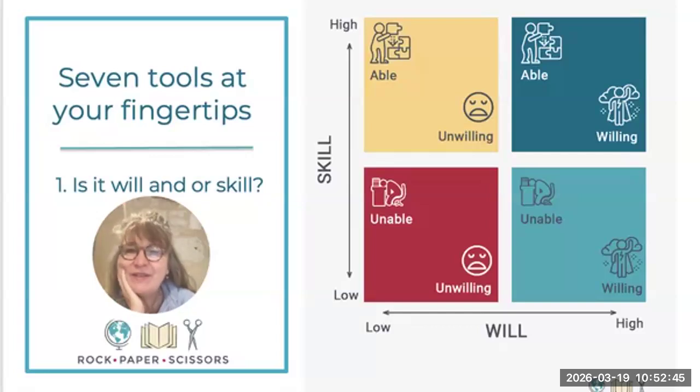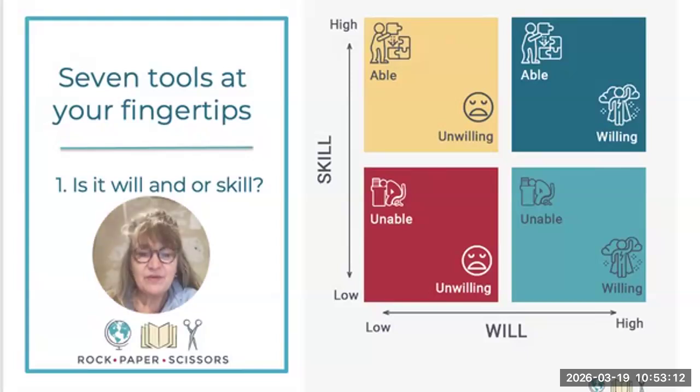If maybe the team is struggling, maybe an individual is struggling, you diagnose this: is it an issue of will, meaning motivation, finding some meaning in the task? Is the person willing? Are they motivated to do this work and be part of this team? And or is it an issue of skill?